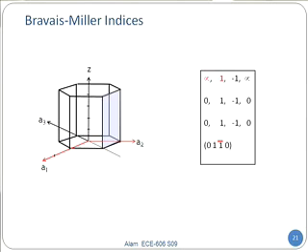Well, A3 is going in that direction, but my surface is on the negative side, cutting it on the negative side. So I have -1. And what about the z-axis? Again, it's parallel to the z-axis, so it will be cutting at infinity. Again, you invert it: 0, 1, -1, and 0, and you can very quickly check that the Bravais-Miller index for this particular structure is 0, 1, 1 bar, and 0.